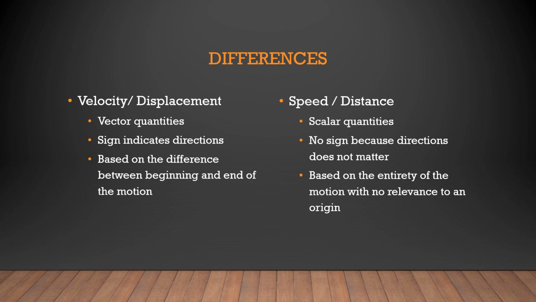Speed and distance are scalar quantities, meaning they don't have direction. There's no sign because of that. They're based on the entirety of the motion, with no relevance to where the origin is. It doesn't matter where the origin is, just how far you went, and not whether you moved back, forward, away, or towards. It is purely based on how far you went.